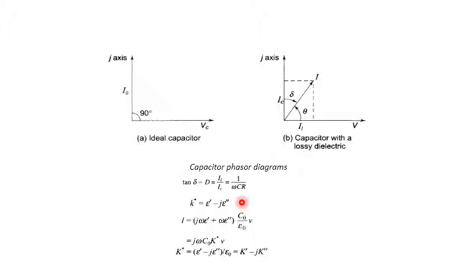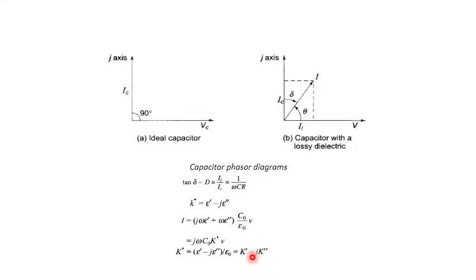Hence it is customary to account for the loss current in addition to the charging current by introducing a complex permittivity, k = epsilon' minus j epsilon'', so that the current is given by I = j ω (ε' − jε'') C0/ε0 V. This is the resulting value of k.